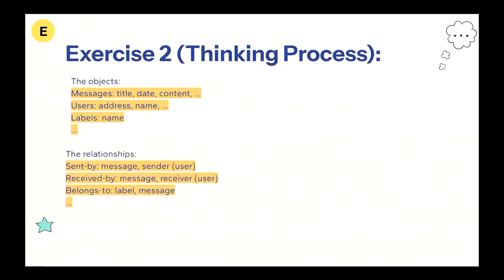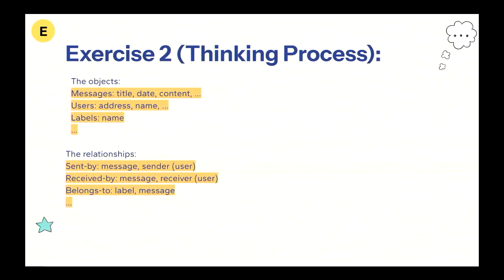What about users and labels? Do they have any relations? Actually, yes, because the users can create different labels. They can create their own labels. So this is actually a simplified version of all the relationships here.